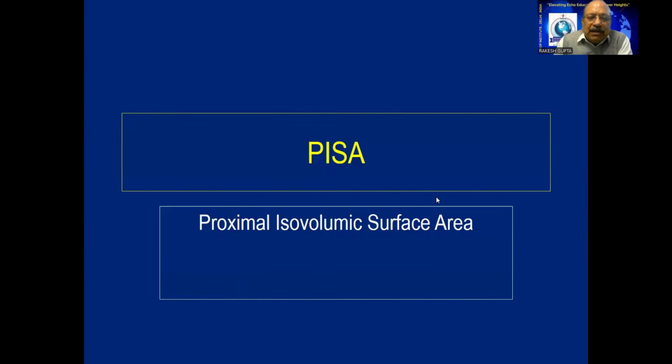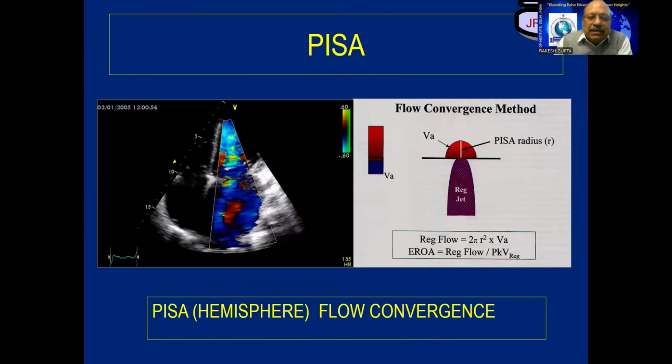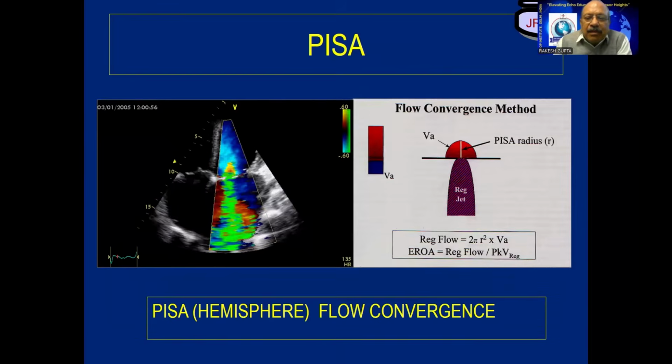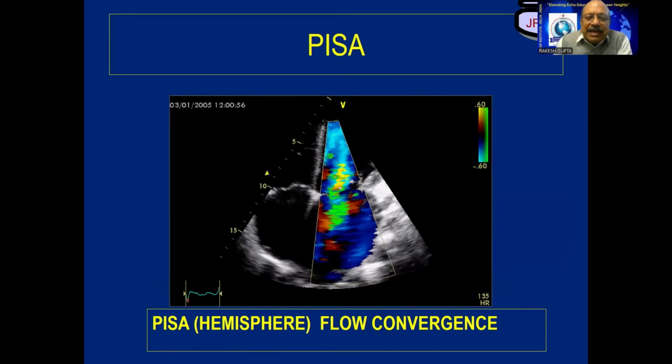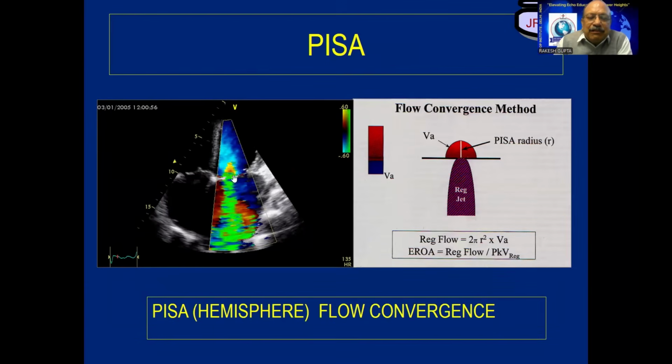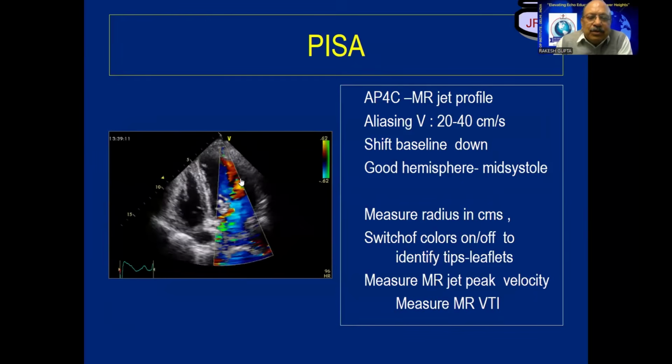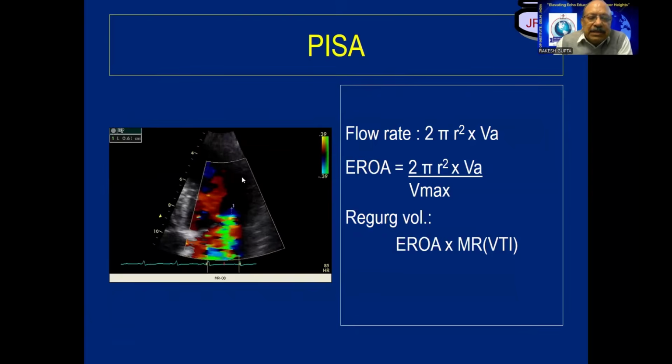And the basic principle is, we move the baseline towards the direction of the jet. Suppose this is 60, this is 60. So we'll move this baseline up. This becomes a PISA velocity. And then we calculate the PISA radius. Let me just show you how we calculate the PISA radius.